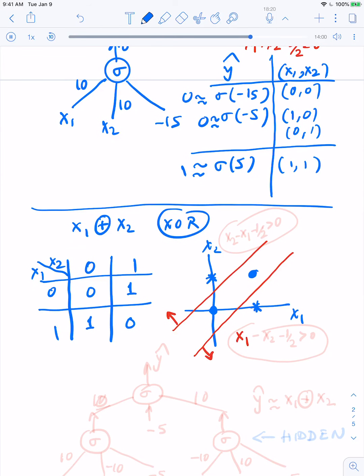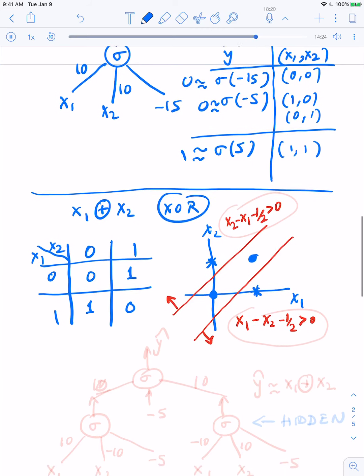This one is x1 minus x2 minus half being bigger than 0. That's this side. And the other side is x2 minus x1 minus half being bigger than 0. And if either of these is true, then I'll get a 1 on the XOR.